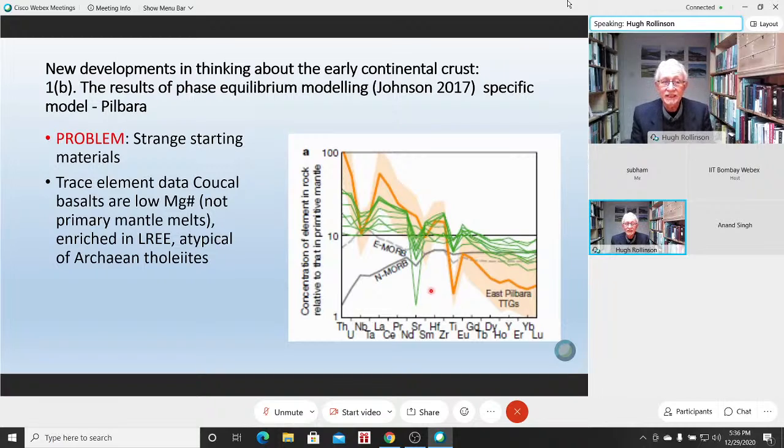The trace element data are ideal. They're perfect for modelling the origin of Archean TTGs. But again, they are not typical of normal Archean basalts, but they do allow us to test this model and produce typical TTGs, as is seen in this diagram, which I've extracted from their paper.